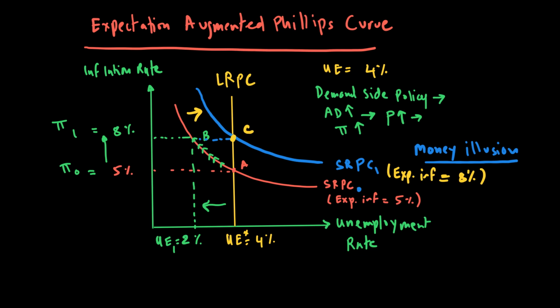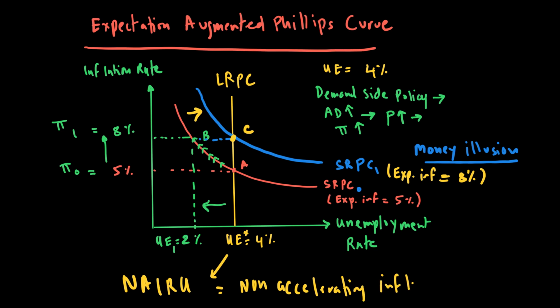That's why they came up with this idea of the long run Phillips curve, or this unemployment to also be narrow. They call this unemployment rate, which is the natural rate of unemployment, NAIRU, which is non-accelerating inflation rate of unemployment.